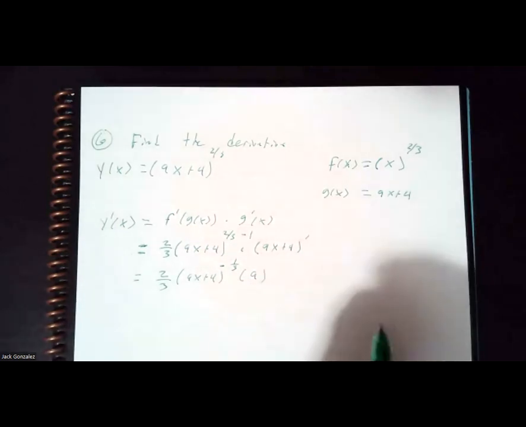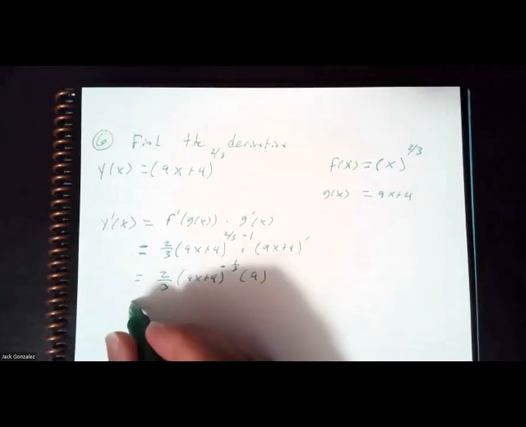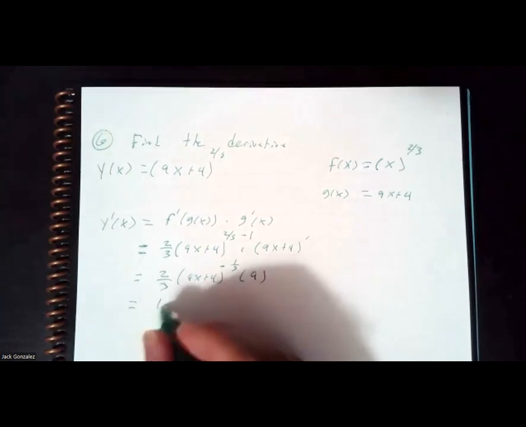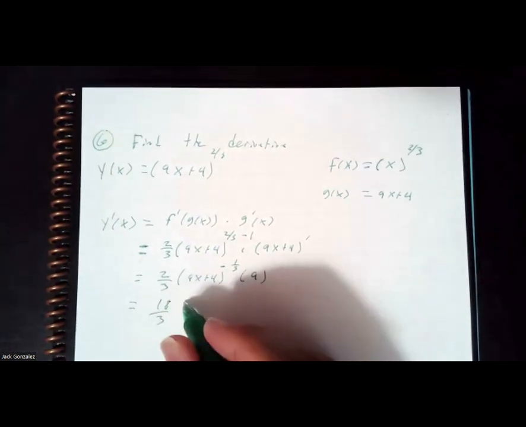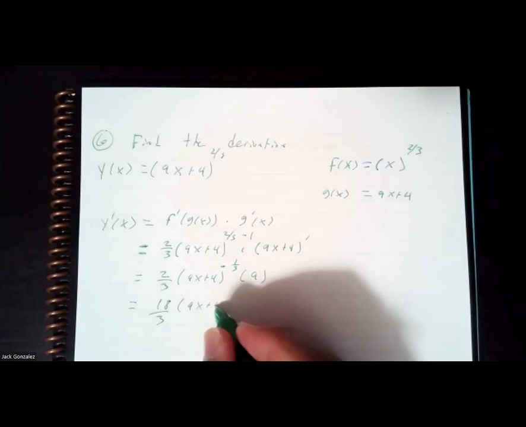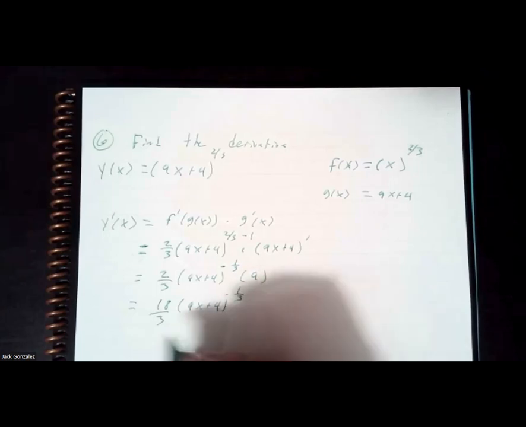So at this point, just do some algebra and you're good. This would be 18/3 times (9x plus 4) to the negative 1/3. So fix the negative.